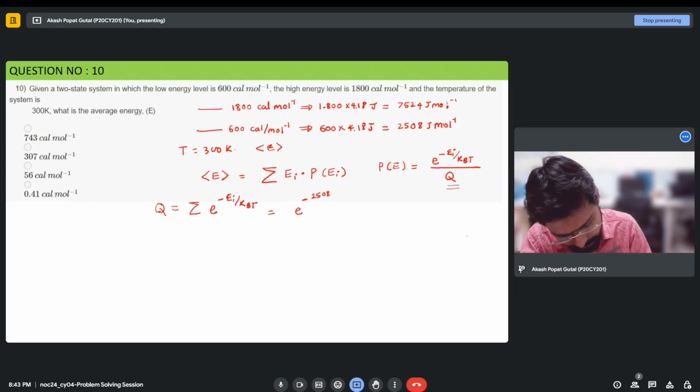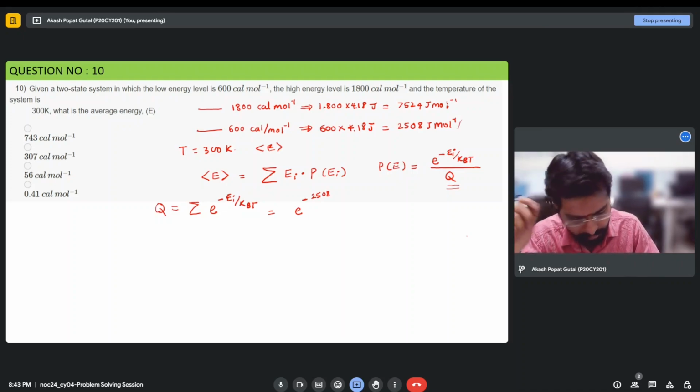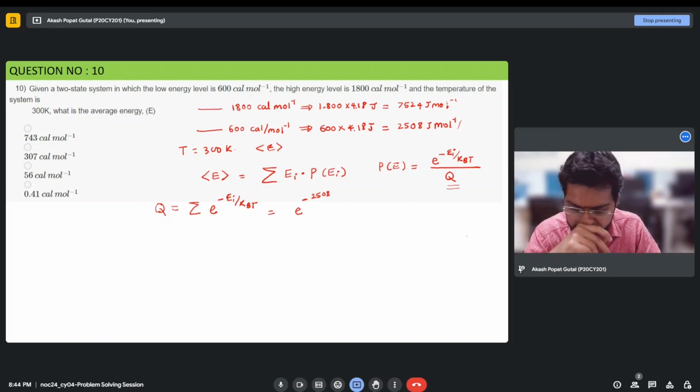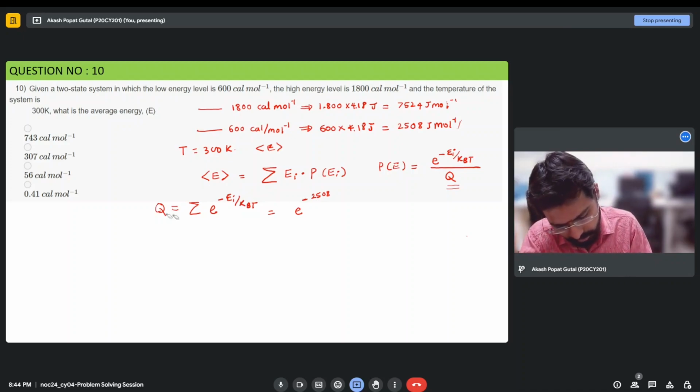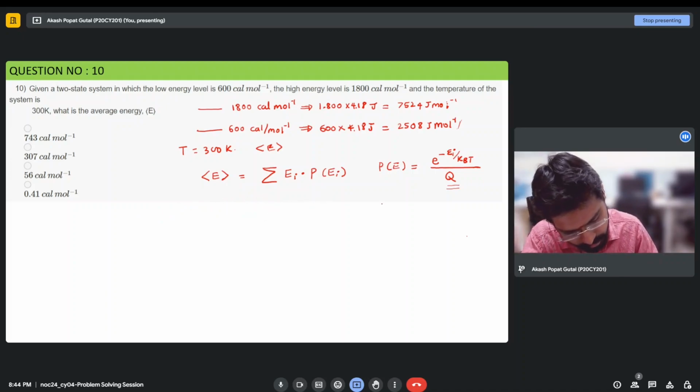As we are having things per mole, we can write the Boltzmann distribution in terms of per mole values.